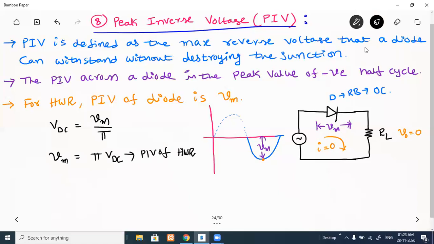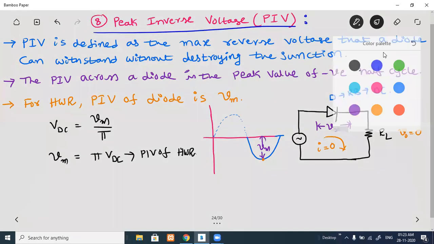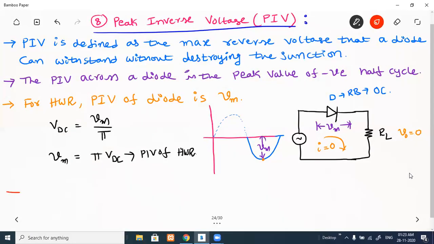So what is the importance of this peak inverse voltage? Means the diode used in the rectifier circuit is selected based on this PIV rating. Diode must be selected based on this PIV rating.